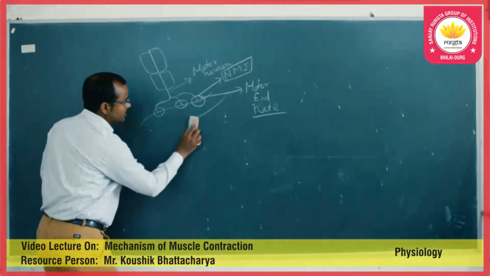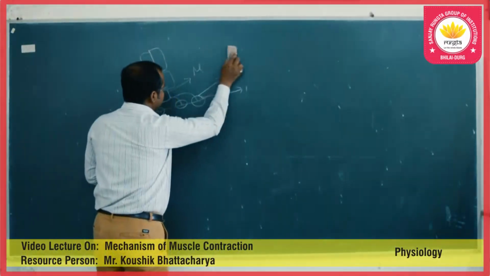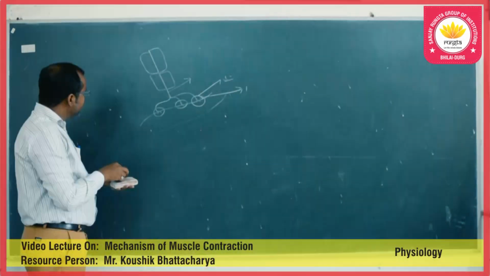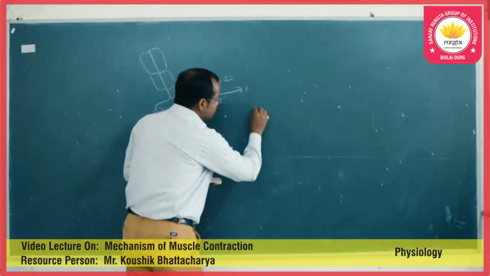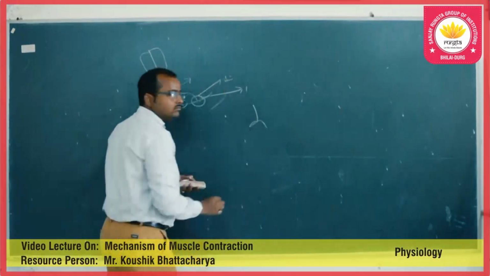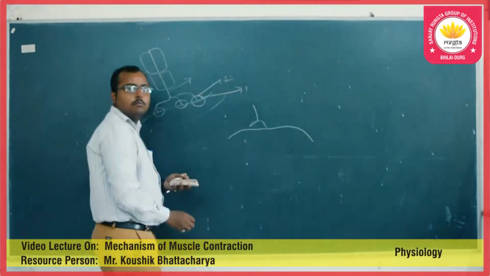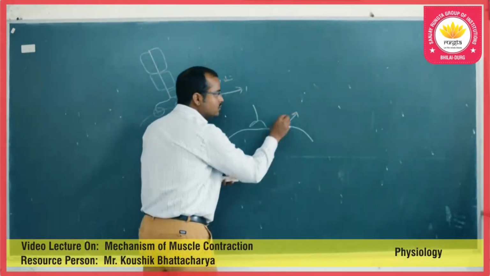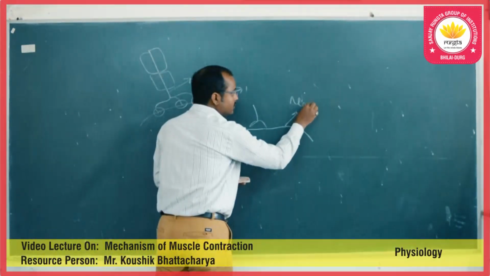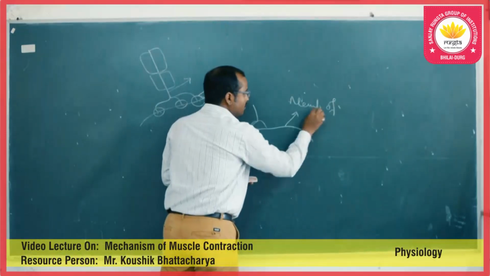So if you try to focus on the structure of the NMJ, the structure must involve the axonal terminal and the muscle fiber's membrane. So this one is the membrane of the muscle fiber.